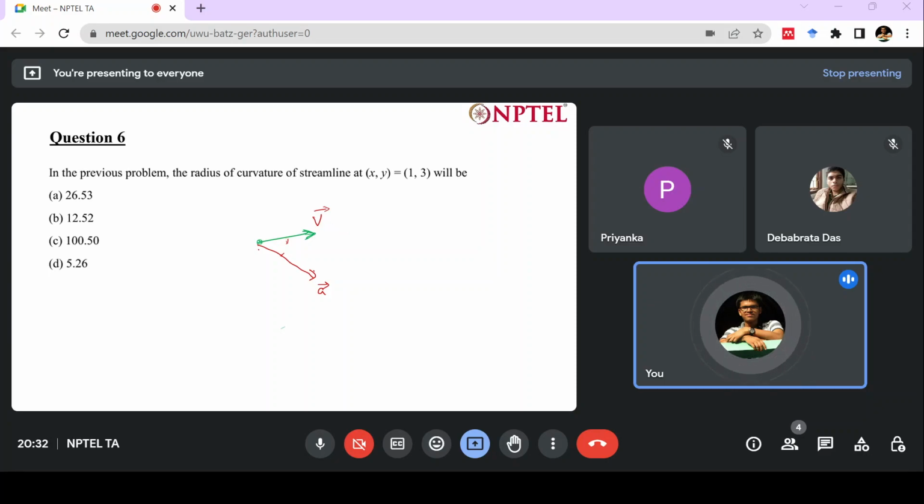And the normal component of this acceleration is used to turn this particular fluid particle. This is basically the normal acceleration. It will try to bend this fluid particle. So whatever curvature we are seeing in a streamline will be due to this normal acceleration. So you are very much correct. We will use the acceleration.